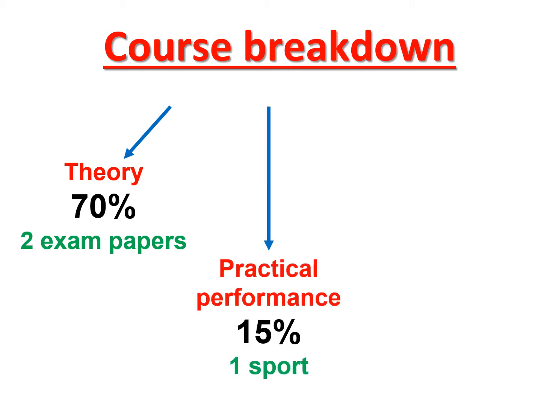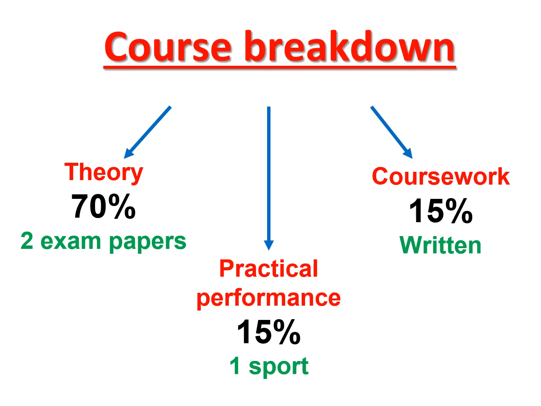Practical in comparison to GCSE is now just 1 sport, okay, and that's 15% weighting. And finally, you will be writing a piece of coursework on a practical sport of your choice, using the theory topics that you've learned in your theory lessons, and that is also worth 15%.